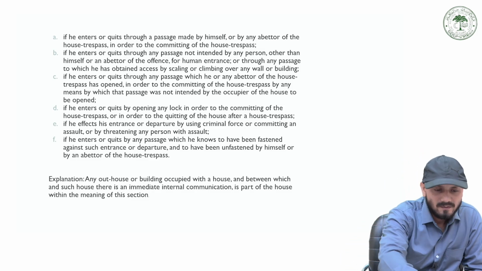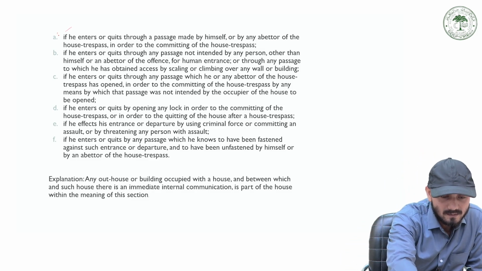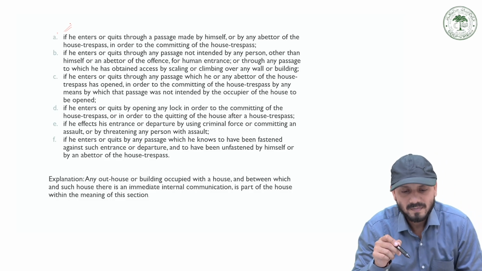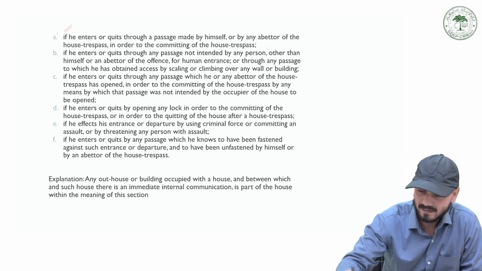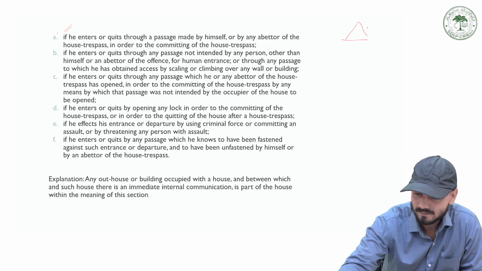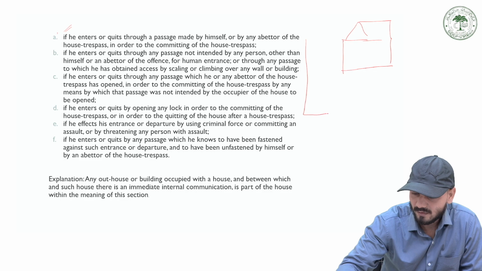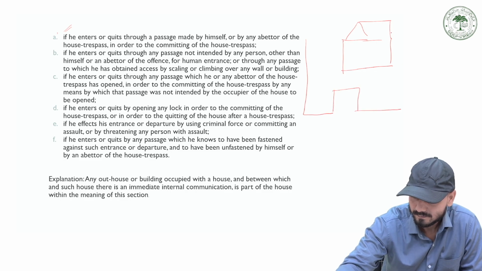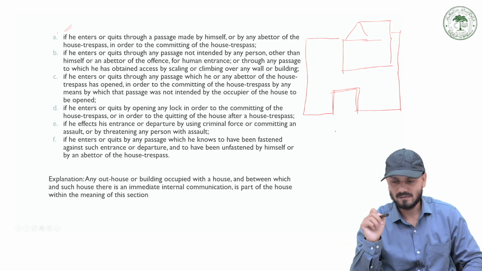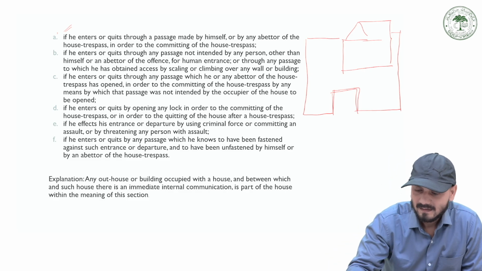First is if he enters or quits through a passage made by himself. That is, if this is a house, this is the boundary of the house and this is the main gate. This is locked from every side. This is the only way of entering and leaving the house, this gate. This is a field.